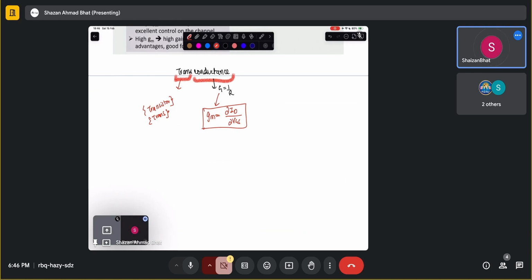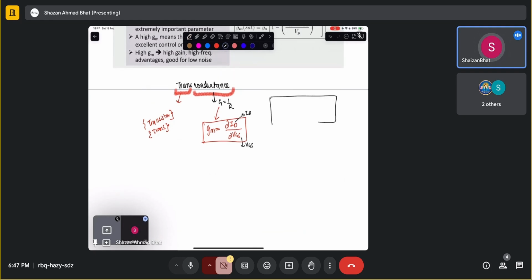This is the transconductance. Now, what are the two different things? This is drain current, this is gate voltage. And these are two different terminals if you see. This is N plus, this is N plus, this is gate. The drain current is flowing in this direction, but the gate voltage is applied here. It's a different terminal altogether. So you are measuring something between two different terminals.